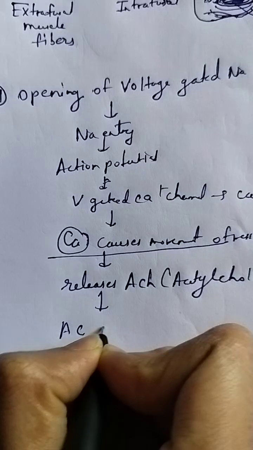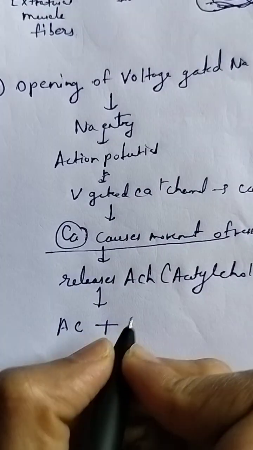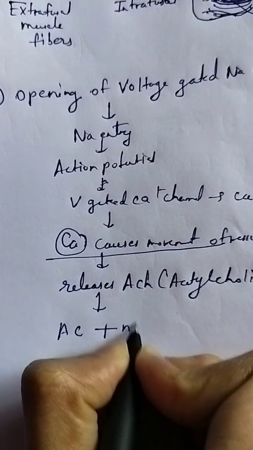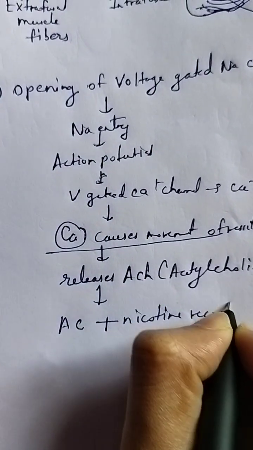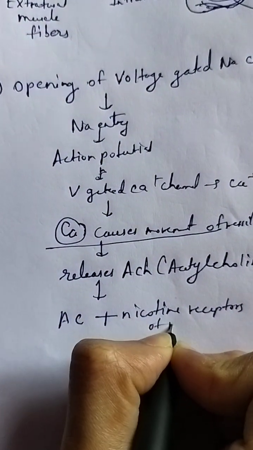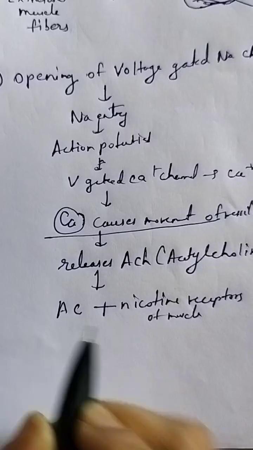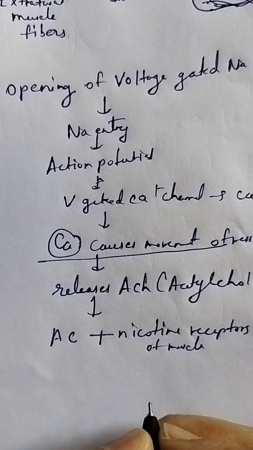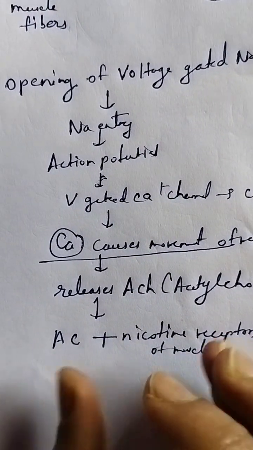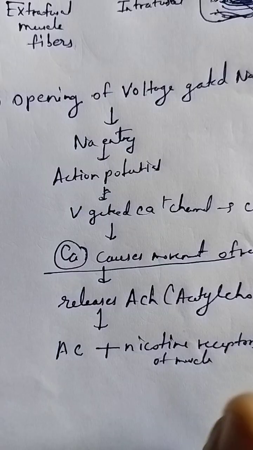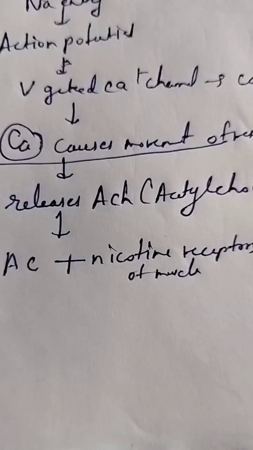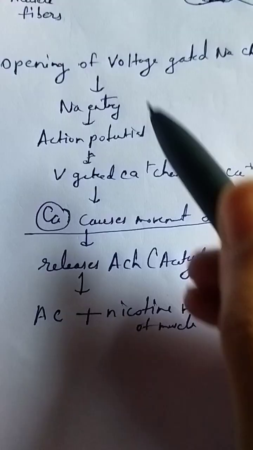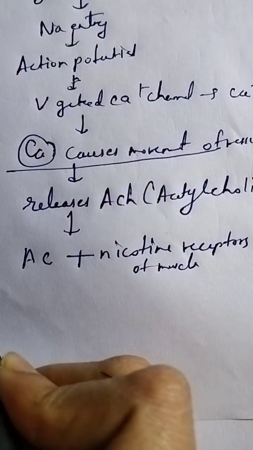This acetylcholine binds to the nicotinic receptors of the muscles. So after the binding to the nicotinic receptors of muscles, the same three above steps occur in the muscles.